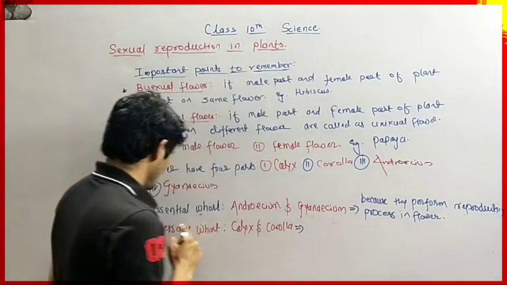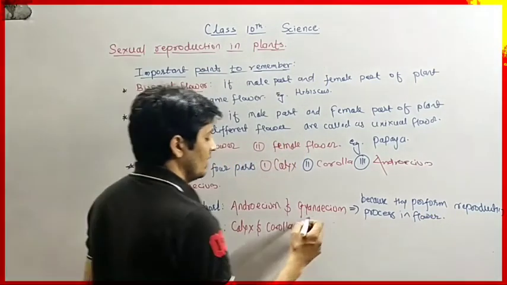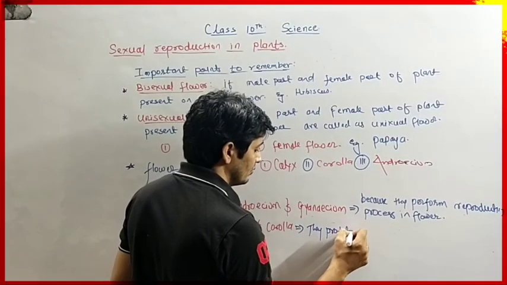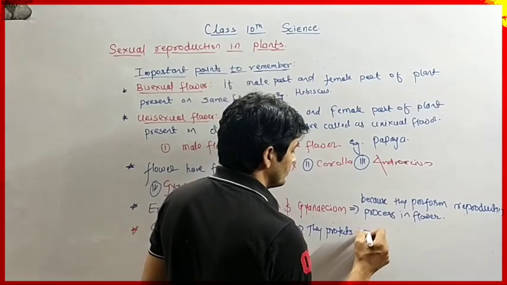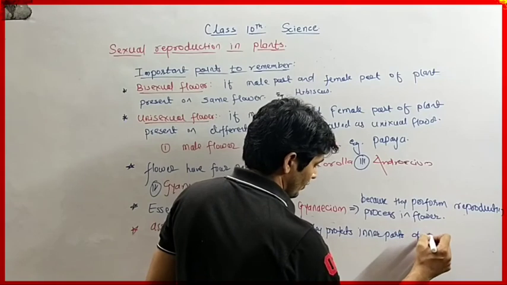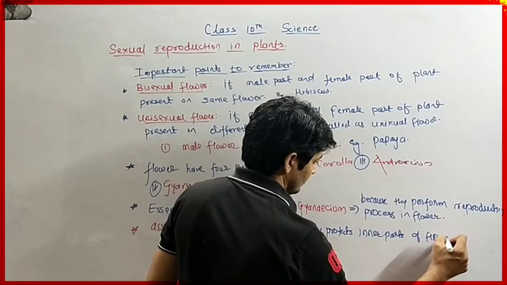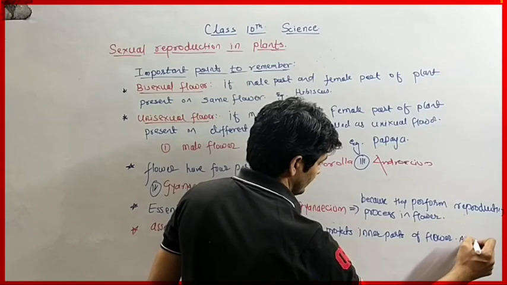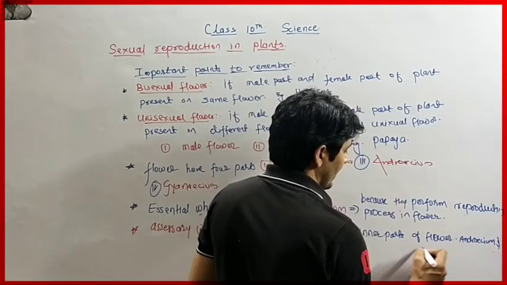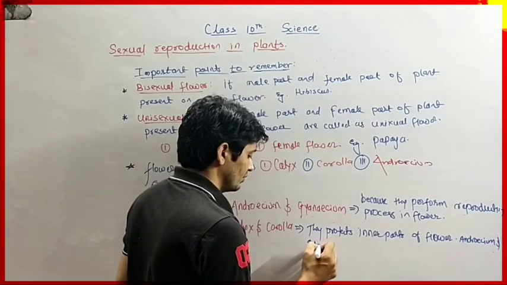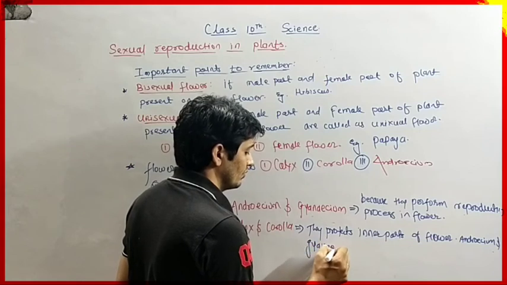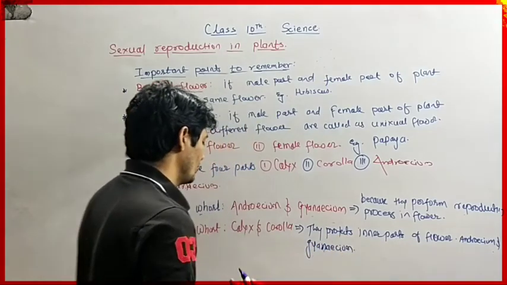And what are accessory whorls? Calyx and corolla. They protect the inner part of the flower, like androecium and gynoecium. Okay, next.